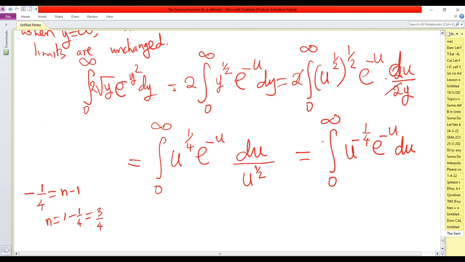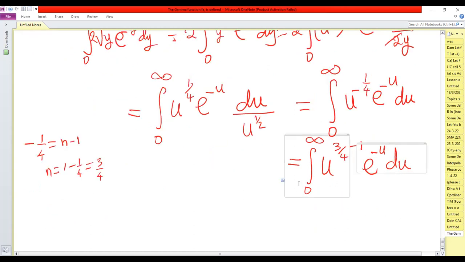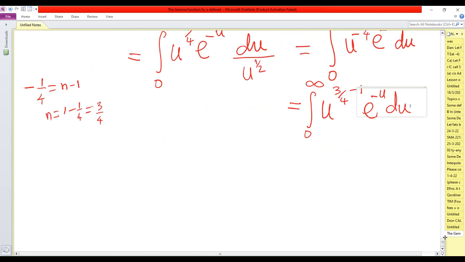So therefore, this integral can be written as the integral from 0 to infinity of u raised power 3 over 4 minus 1, and then e raised power minus u du. And that is the structure of the gamma of 3 over 4. So this will give us gamma of 3 over 4.